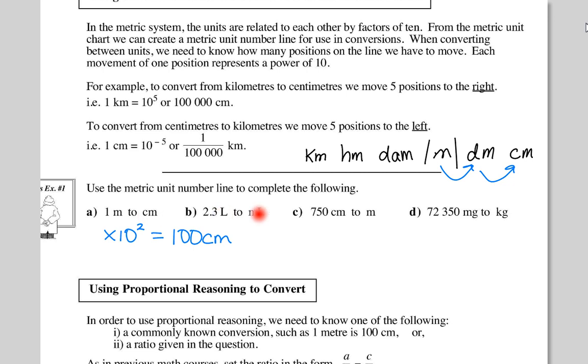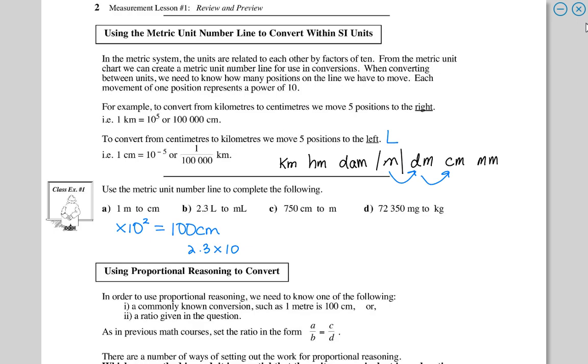Okay, now take a look at the next one. Liter to milliliter. The unit got smaller, so the number should get bigger. So I need to multiply by 10. How many times? From the standard, liter is just like meter. It's the standard, it's in the middle. How many jumps to get to milli?